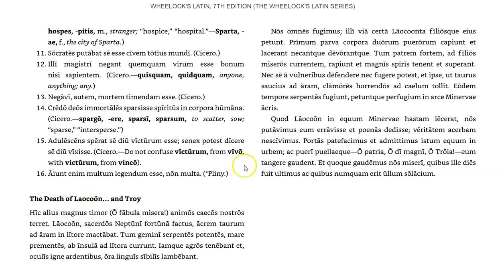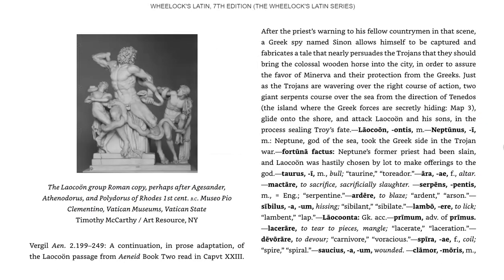So it looks like we have another reading from Virgil's Aeneid. And as your book points out, this actually is a very famous work of art in the history of literature and art and intellectual history.